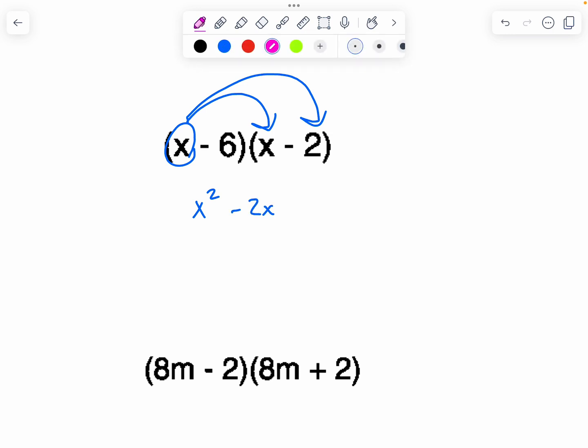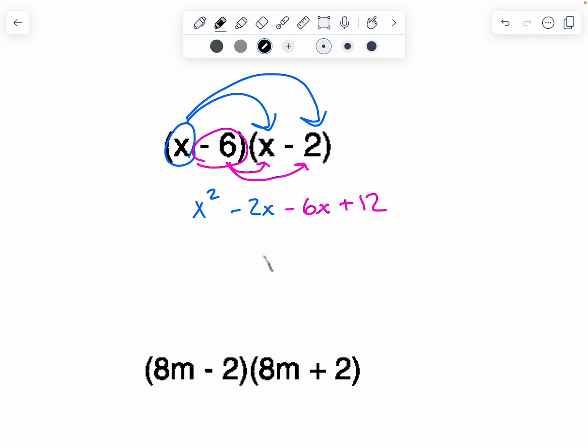Okay, and then I'm going to distribute the -6. -6 times x is -6x. -6 times -2 is positive 12. So I have x squared, combine my like terms, -8x plus 12.